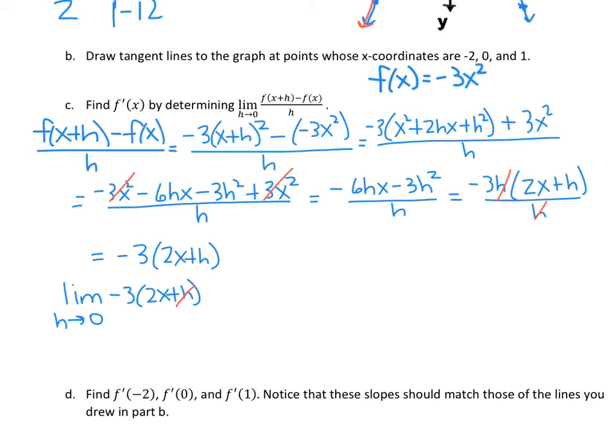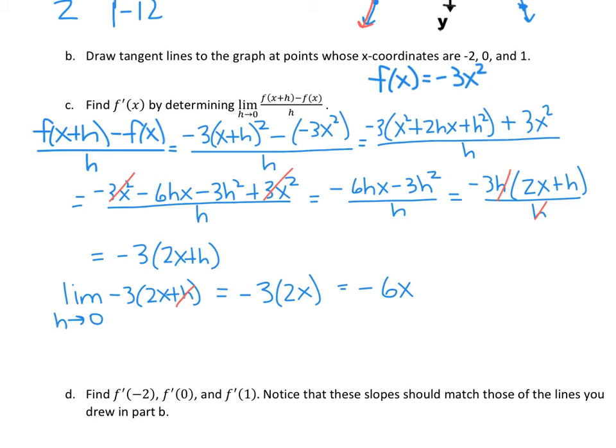We would be thinking about adding a small quantity to 2x. So as that gets smaller and smaller, it's essentially 0. Okay. So now our limit looks like negative 3 times 2x, which is negative 6x. So that is our limit of the difference quotient.